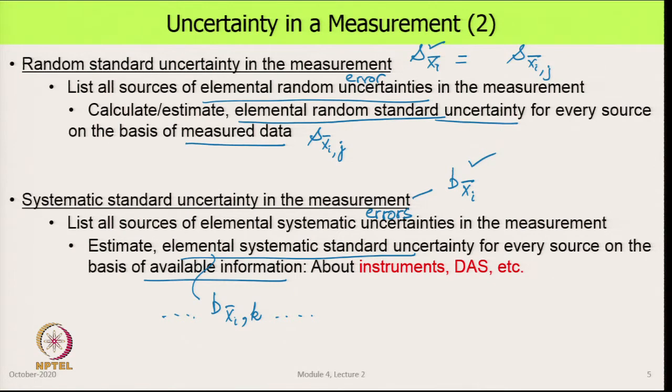So, our objective now, okay. So, where does this come from? This is not coming from measured data. It is coming from information about the process, our own experience, information about instruments, about data acquisition systems, our experience, and anything else that we have a reason to believe in.